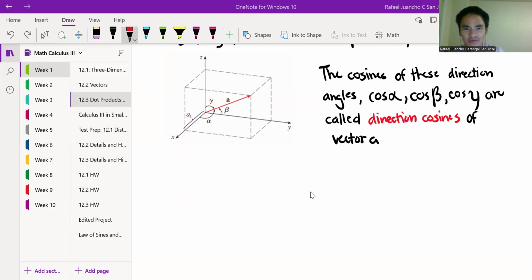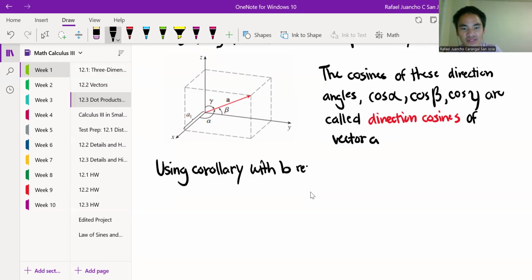Okay, so let's look at some terms here. Remember that corollary that we had. We have B, we replace it with I. What do we get out of that?